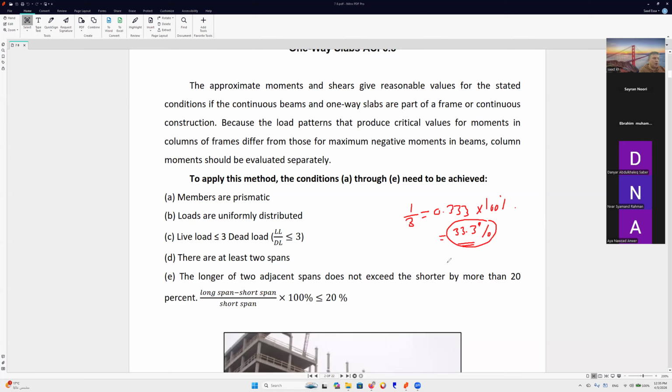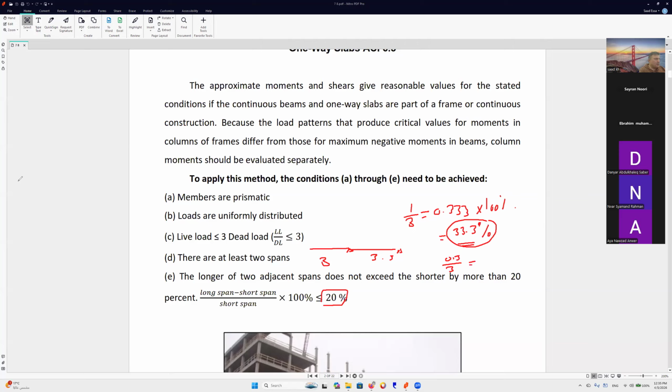So this is not allowed, because it is greater than 20 percent. What about if we have 3 and 3.3? What's the difference between them? It is 3.3 minus 3, which is 0.3, over 3.